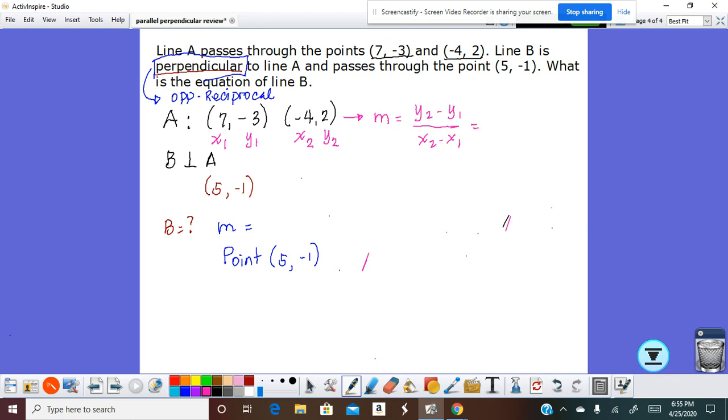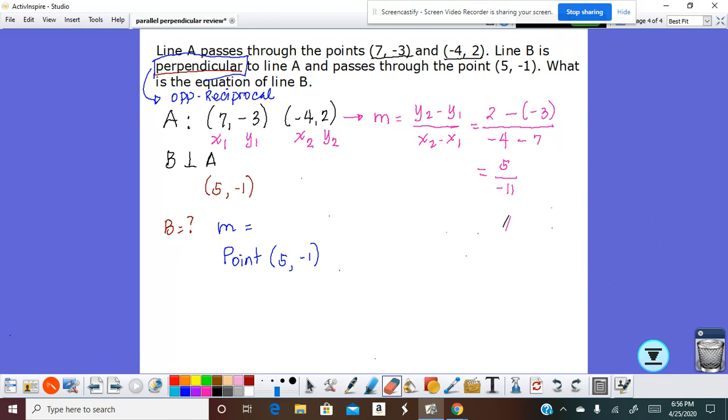Let's plug in: y2, which is 2, minus y1, which is -3, over x2, which is -4, minus x1, which is 7. Simplifying this, we have 2 minus -3 is 5, and -4 minus 7 is -11.